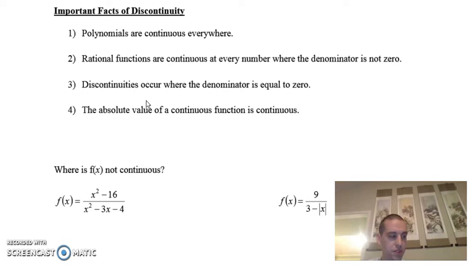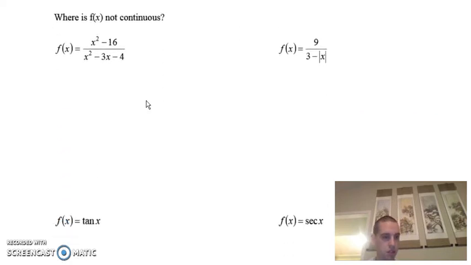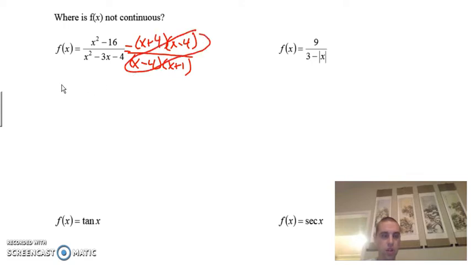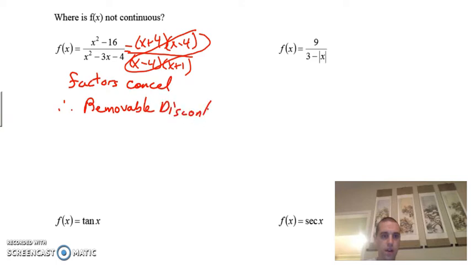So we've got 4 examples here. This one, we should always notice here that we can factor, and so therefore we notice that those two factors cancel just like we did in lesson 1, and therefore we have removable discontinuity at x equals 4.